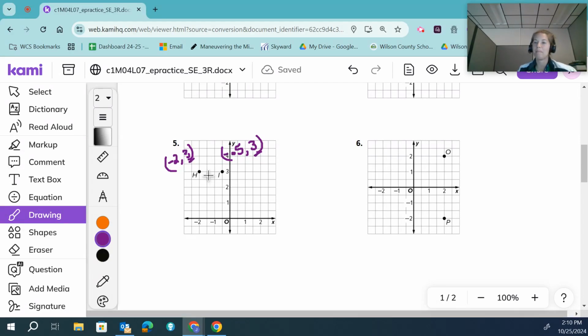These are on the same side of the axes, which means we are going to find absolute value and subtract. 2 is 2 away, and -0.5 is 0.5 away. So we subtract 2 minus 0.5, and you get 1.5. So the distance between them is 1.5, and we can see that: 1 and then a half. When they're on the same side of the axes, we subtract them, again using absolute value because distance is always positive.